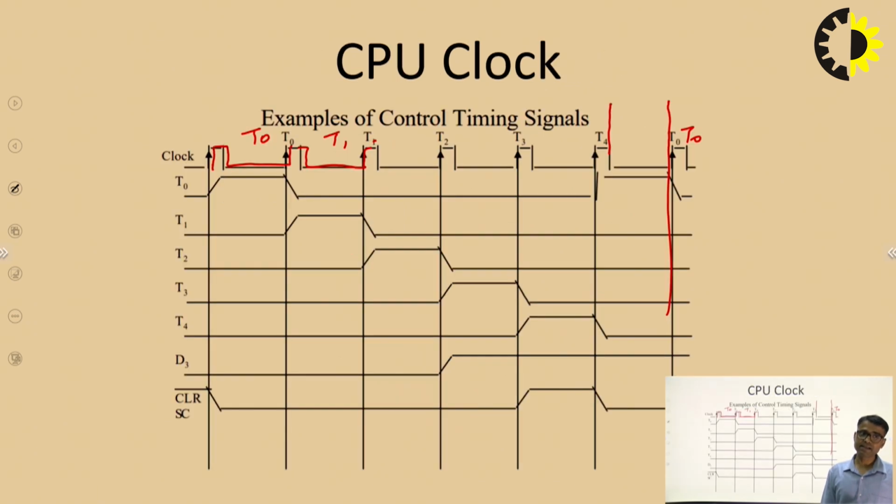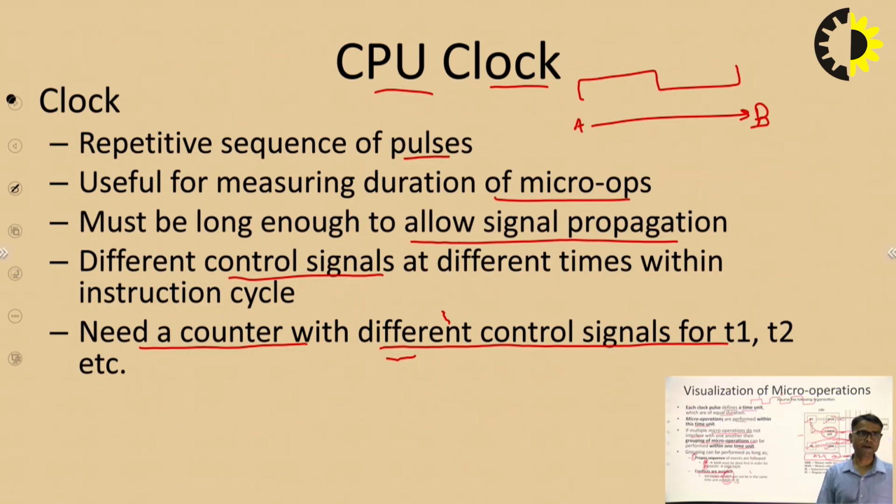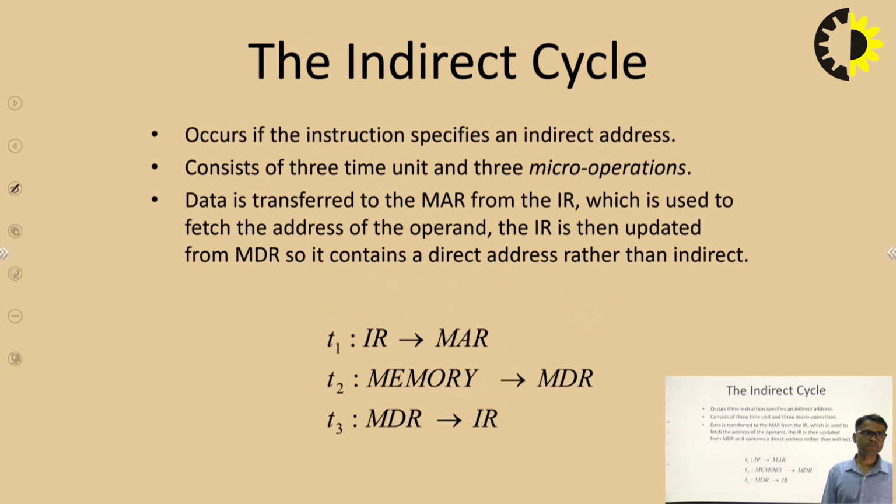Now when the fetch cycle is completed, what will we do? We will go for the second cycle, that is indirect. In indirect, we now have the instruction, and it might be possible that the instruction has an indirect or direct addressing mode. If it is direct, we do not need to go again to the memory location to fetch the data.